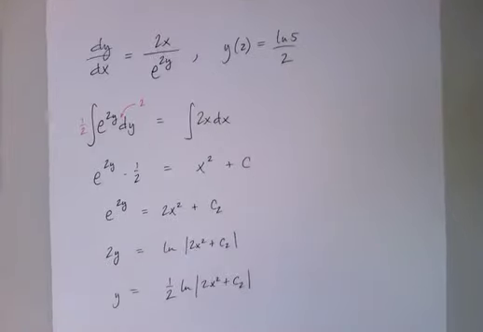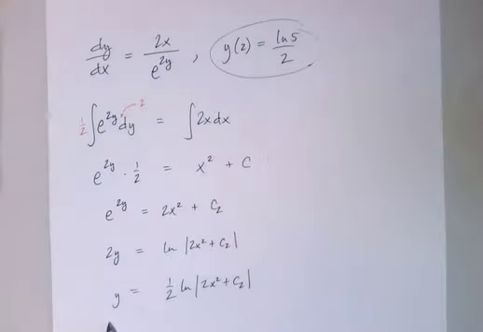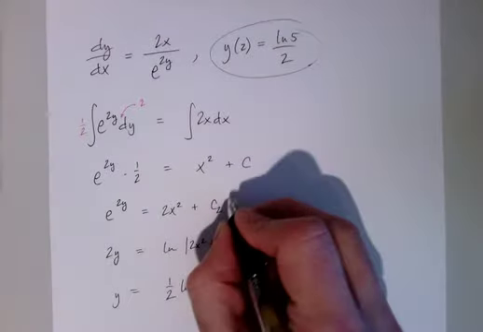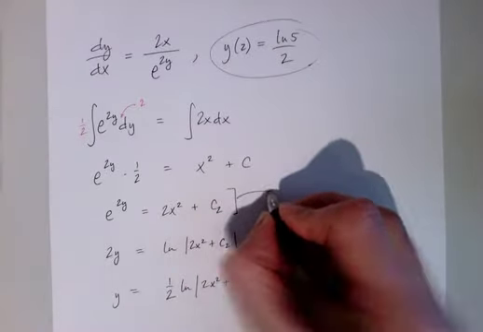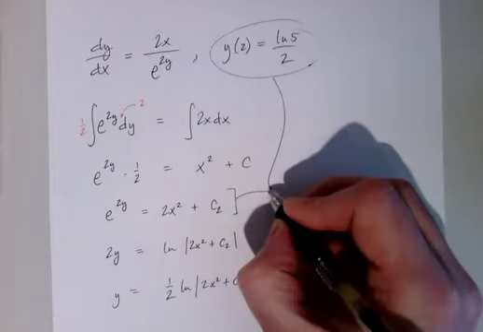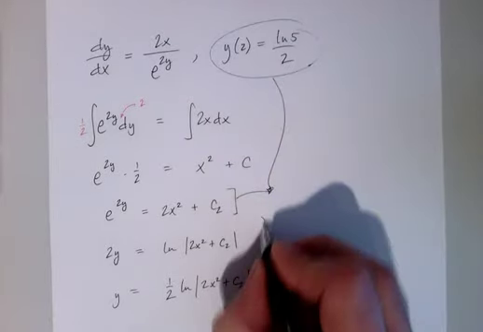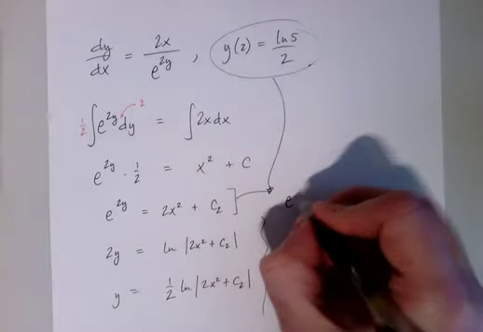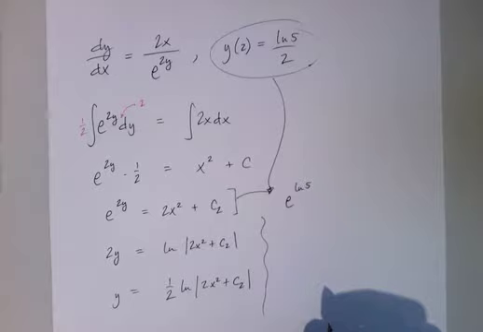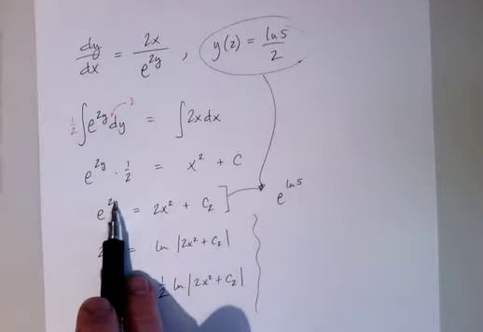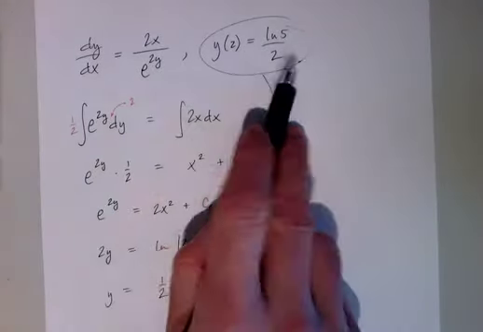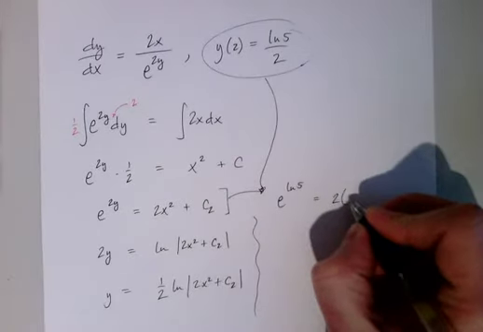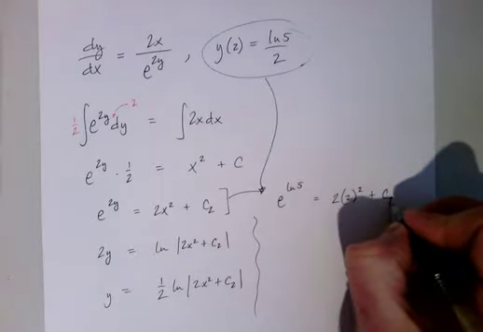Now, do you really want to take this and plug it into this form right here? I wouldn't. I would go ahead and plug it into here. So let's bring those two together, and we'll make a little dividing line, and we'll work it out over here. I know that that's going to be e to the natural log of 5, because the moment that you plug in the output into here, it's going to be multiplied by 2, and that denominator is going to evaporate. 2 squared plus c2.